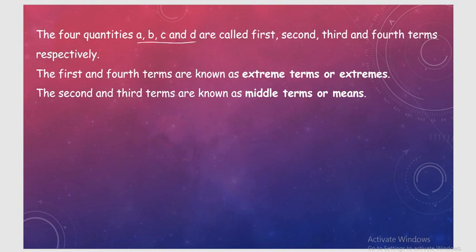Next, let us see this A, B, C, D. We have written A is to B is as C is to D. These A, B, C, D we call the first quantity, second quantity, third quantity and fourth quantity, or you can simply call them terms also, right?